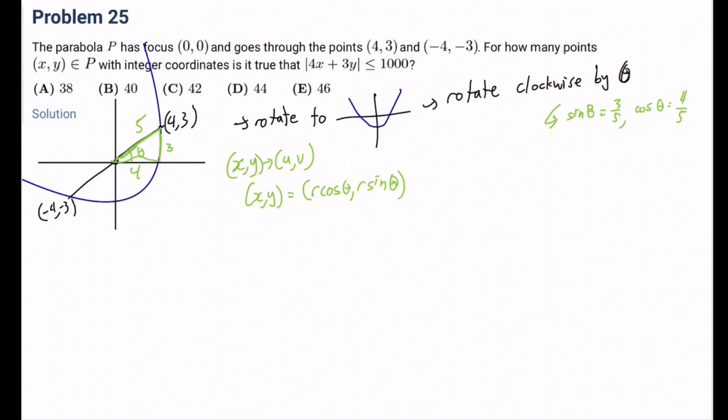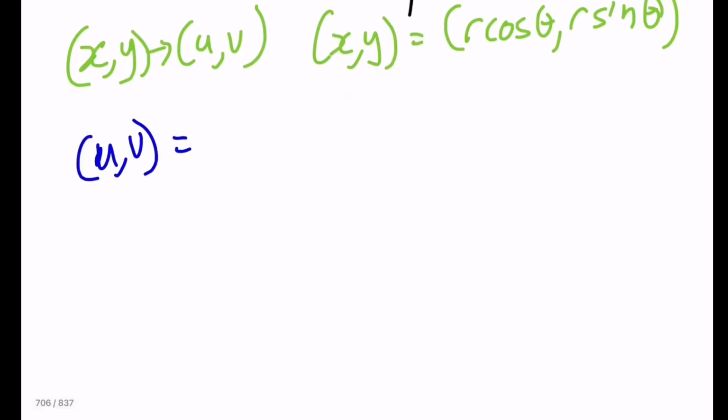But then what we want now is for this to be rotated like that. Clockwise is negative, so (u, v) is going to be equal to (r cosine of theta minus theta, r sine of theta minus theta).